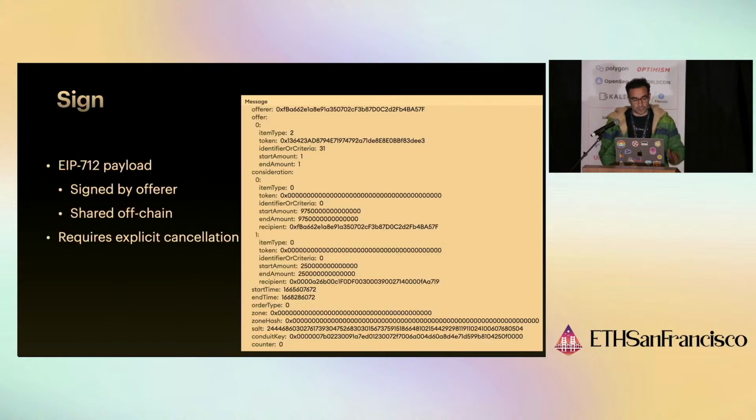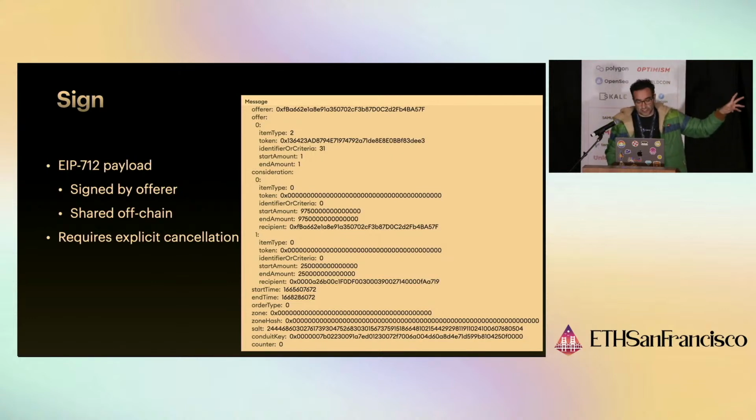So, creating orders. If you've ever created an order on OpenSea, you sign something like this, and this is what we went over. It's all the components of what an order looks like. It starts with the message and the offer, which in this case is an NFT with ID 31.